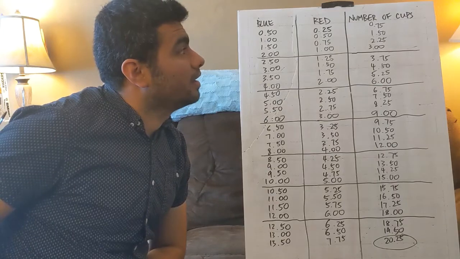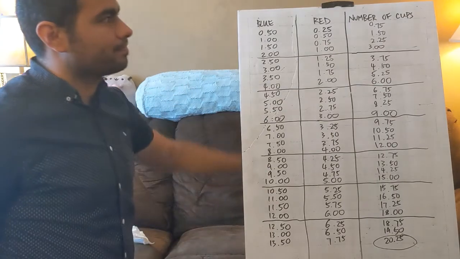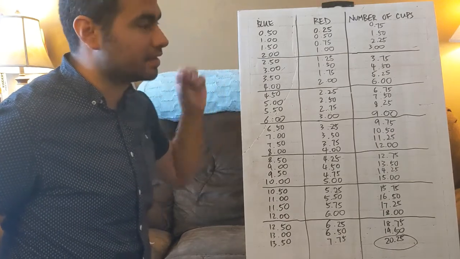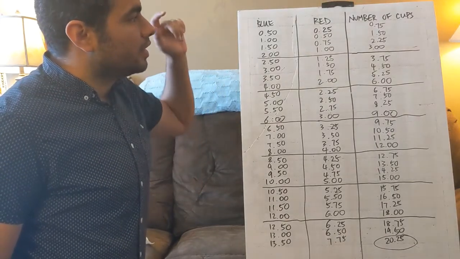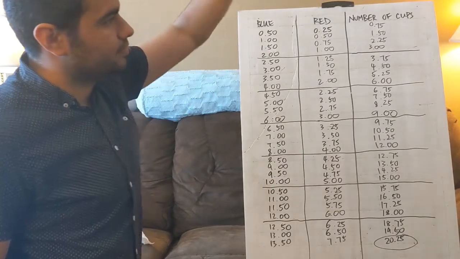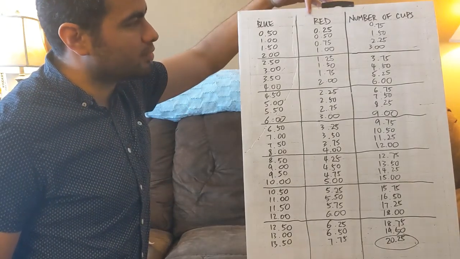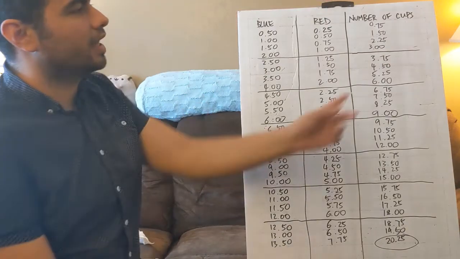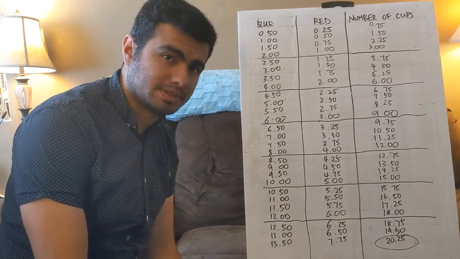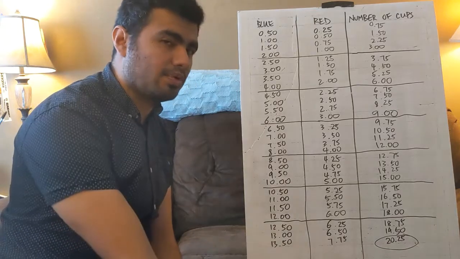Now, I kind of wanted you guys to see what exactly was happening every time that we were skip counting. Okay. Now, in the beginning, we had half a cup or 0.50, and then a fourth of a cup or 0.25. You put those together and you have 0.75. What you're looking for is 20 cups of this purple mix.